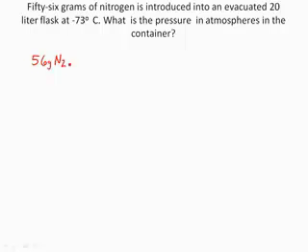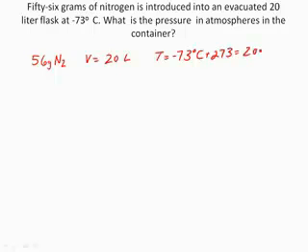When we're dealing with gases, if it talks about nitrogen or oxygen or the halogens, they are diatomic. It says we have a volume of 20 liters and a temperature of minus 73 degrees Celsius, so that's going to be 200 Kelvin. And it wants to know what the pressure is.